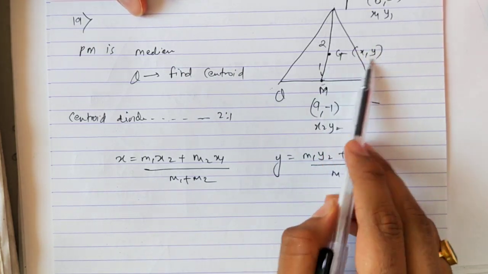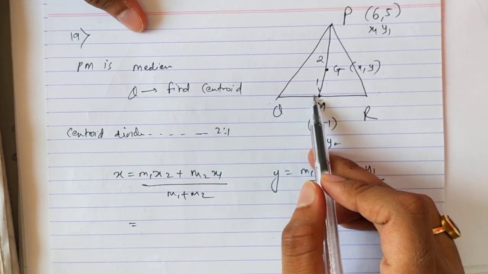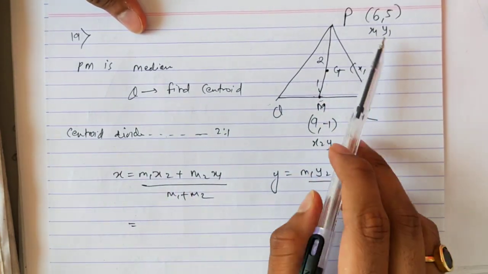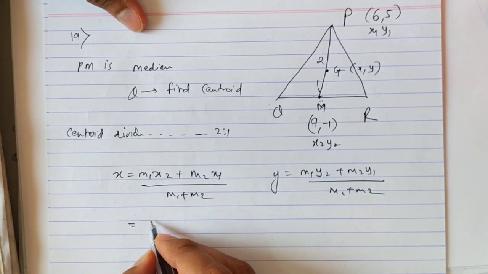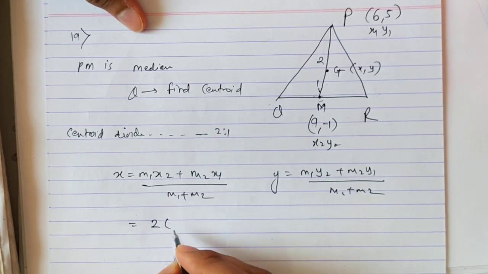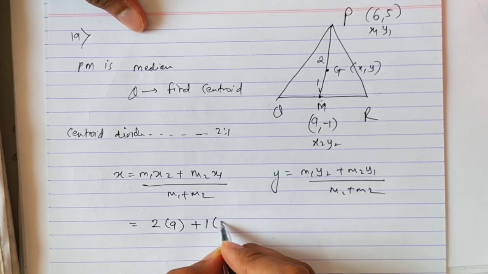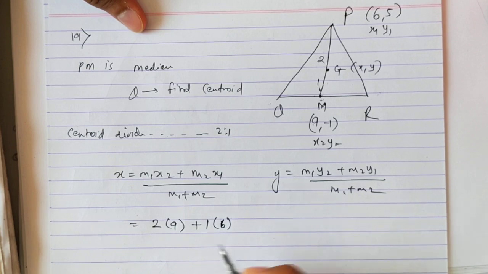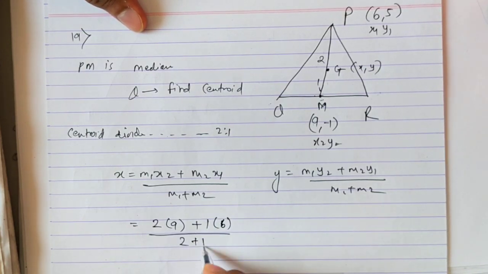X and y are not known here. This time we do not know the centroid, but we know the ratio 2:1, and we know x1 and x2. x1 is 6, x2 is 9. m1 is 2, x2 is 9, plus m2 is 1, and x1 is 6 upon m1 plus m2. m1 plus m2 is 2 plus 1.